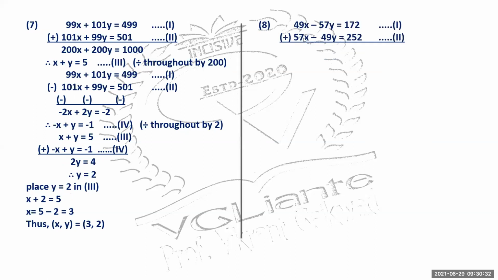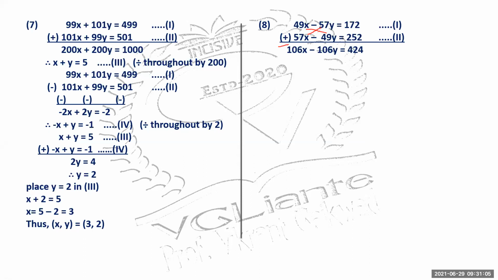49x minus 57y equals to 172, and 57x minus 49y equals to 252. Again, here what has happened? The coefficients have been interchanged. The coefficient of x is now the coefficient of y, and the coefficient of y is the coefficient of x. So the first step is adding the two equations.